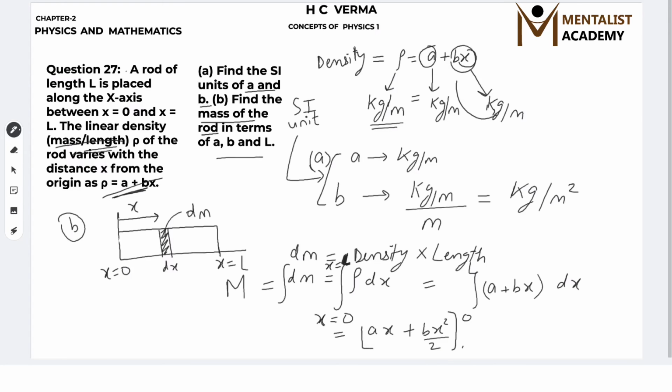The limits are from 0 to L. Putting the values, AL plus BL square by 2 minus, when we put the value 0 in both the terms, it will become 0 as 0 is multiplied by some constant values. So finally the mass of the rod would come out to be AL plus BL square by 2.